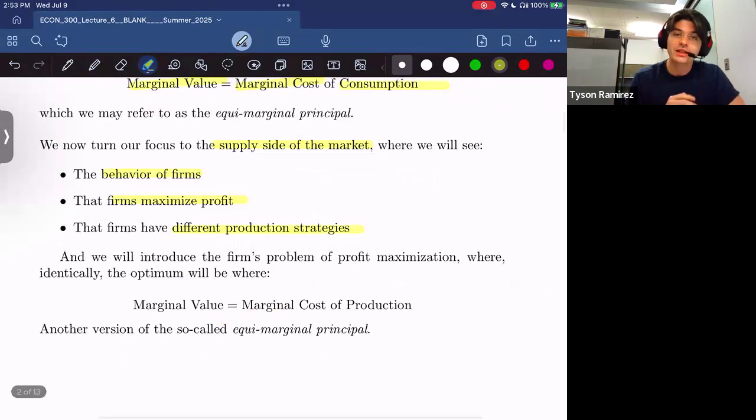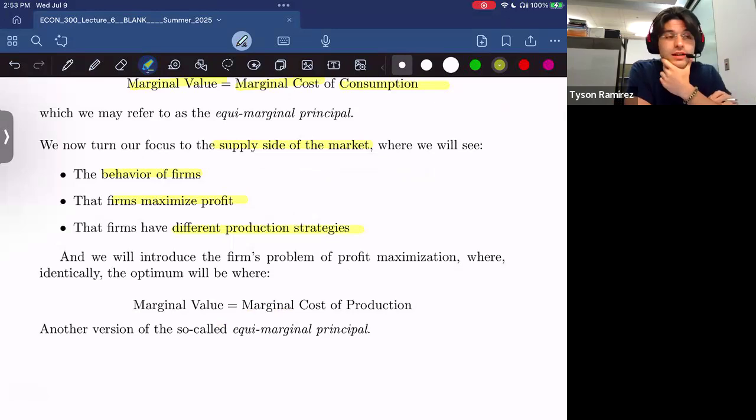As I said, we're introducing this in a way that is very similar to how we model the consumer's problem. In fact, you might agree with me that the firm's problem is even more realistic. For the consumer's problem, we assume that the consumer is doing this mental calculus every time to make a decision.